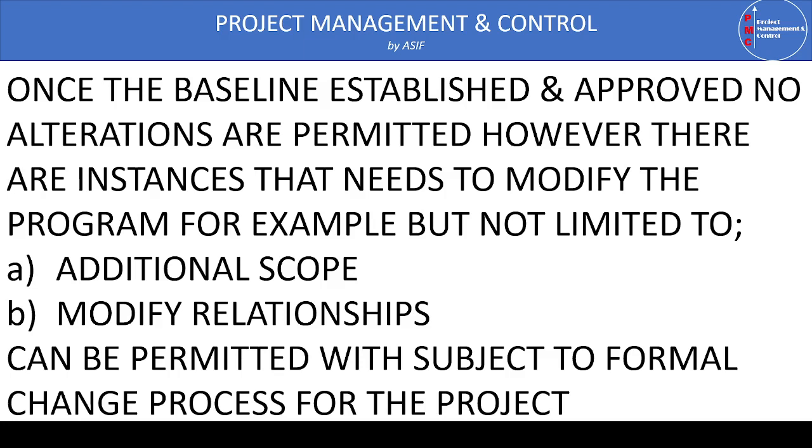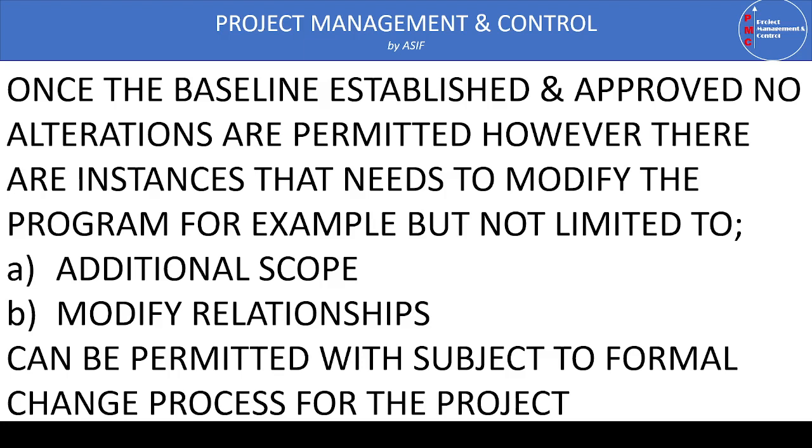In this case, if there is additional scope awarded by the client and we get instruction from the client to put this additional scope in the project, or we find that there is huge, unnecessary or unjustified delay because of wrong relationships, and we get instruction from the engineer to modify these.